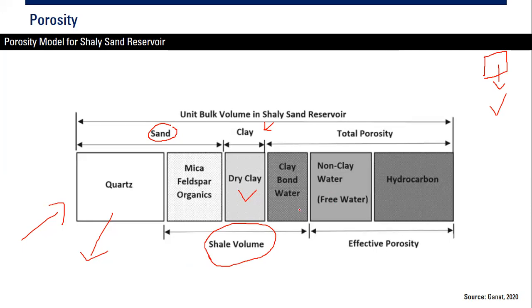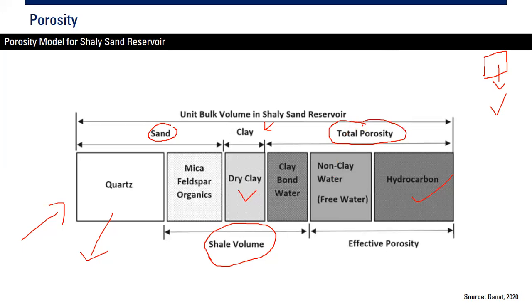And we have clay bound water plus non-clay water, so it's free water, and plus the oil and gas or the hydrocarbon, okay? If we sum all these spaces, these volumes, we call it total porosity.